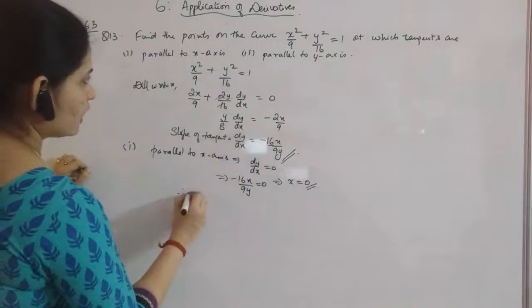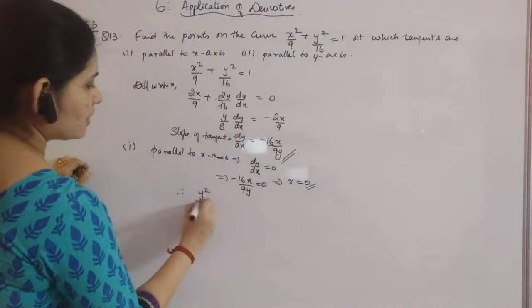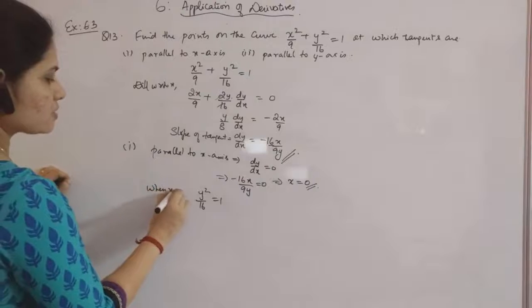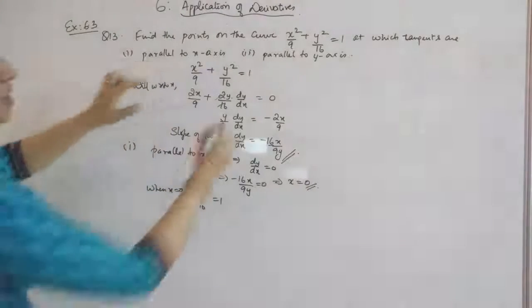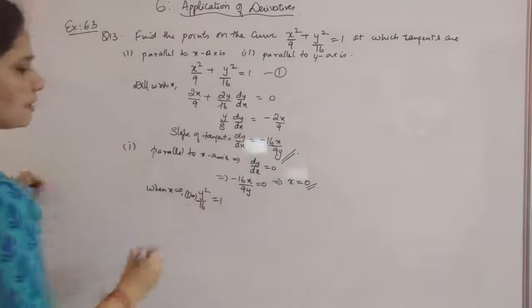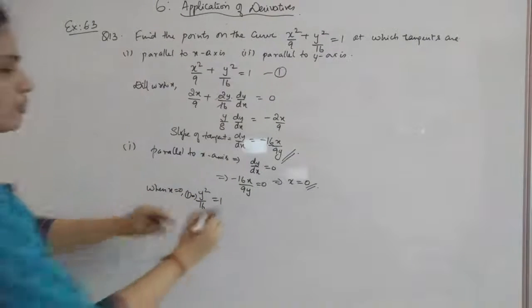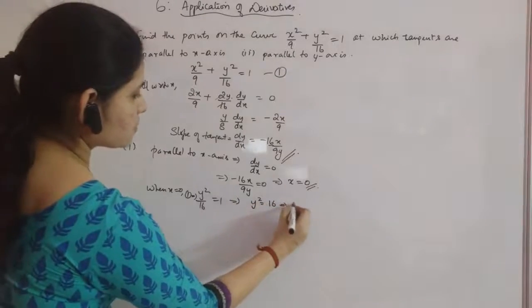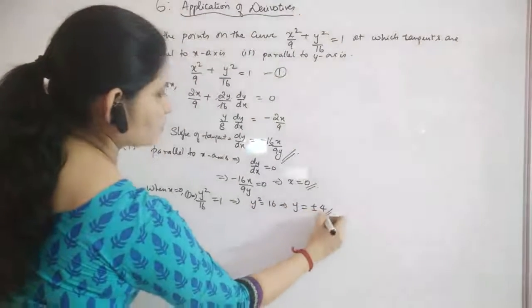So what y will be? Y square by 16 is equal to 1, right? When x is equal to 0, in equation 1, substitute this. 1 implies y square by 16 is equal to 1, or y square is equal to 16, which will give you y as plus or minus 4.